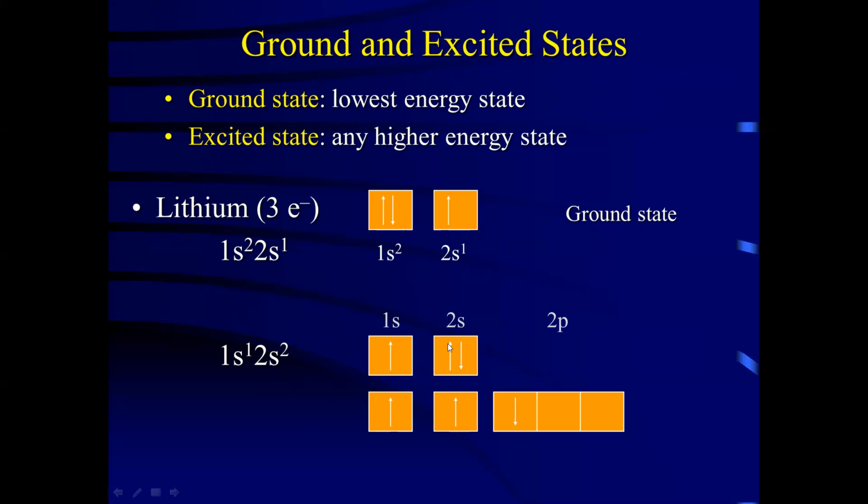Let's take a look at this one. If the electron configuration looks like this, compared with the previous one it has a higher energy. Why? Because 2s has a higher energy compared with 1s.